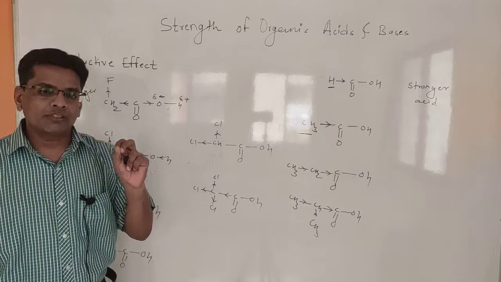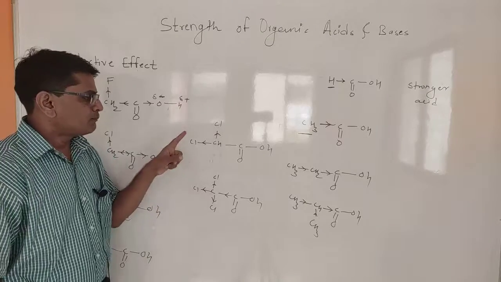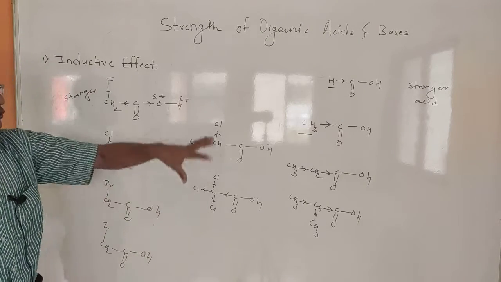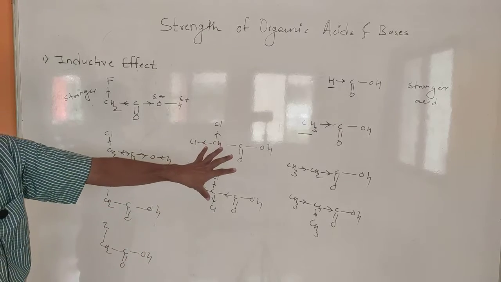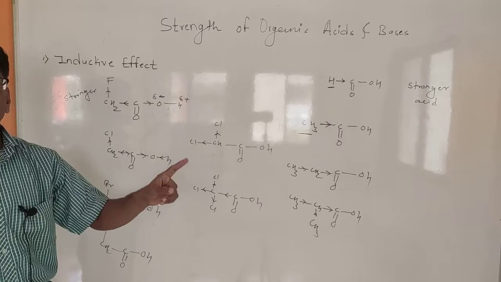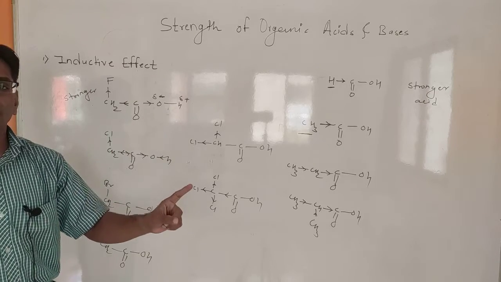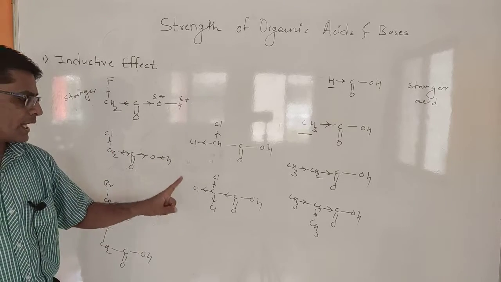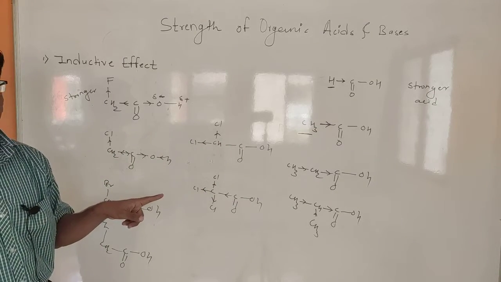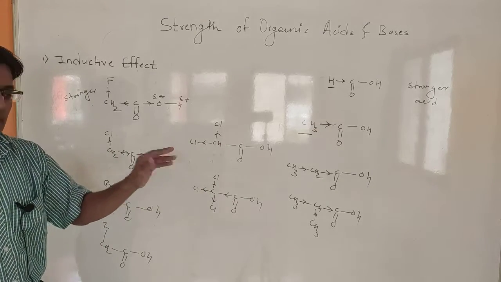According to the definition of acid and base, the molecule which can give the H+ ion easily becomes the stronger acid. So among all these molecules written on the board, trichloroacetic acid is the strongest acid, because it has a strong electron withdrawing inductive effect due to three chlorines, and it can easily give the H+ ion. So this is due to the inductive effect.